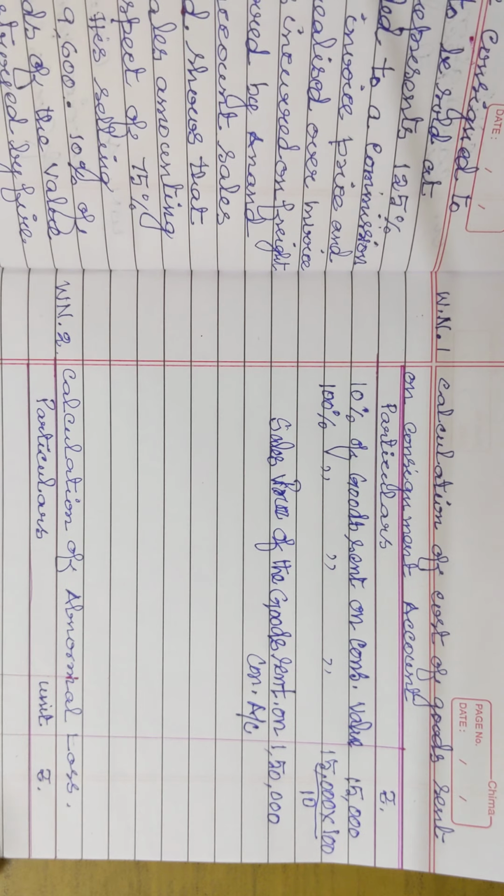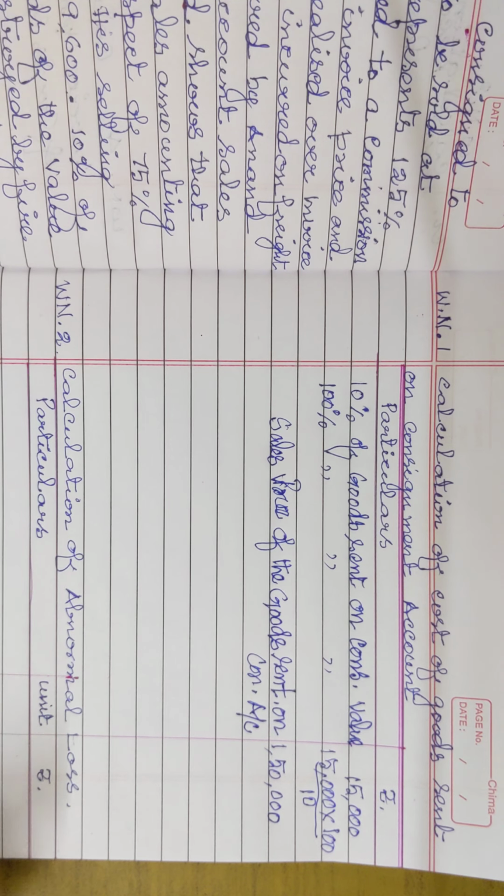All of you are pursuing CA, you know very well that in order to find out the cost price from the sales, we have to remove the profit element. So what is the cost? Sales minus profit. But can I use this profit on cost percentage for sales value?